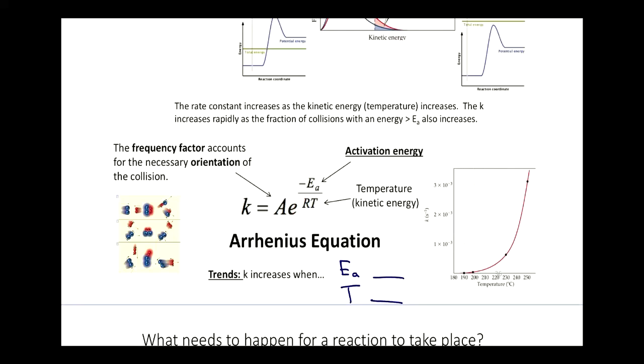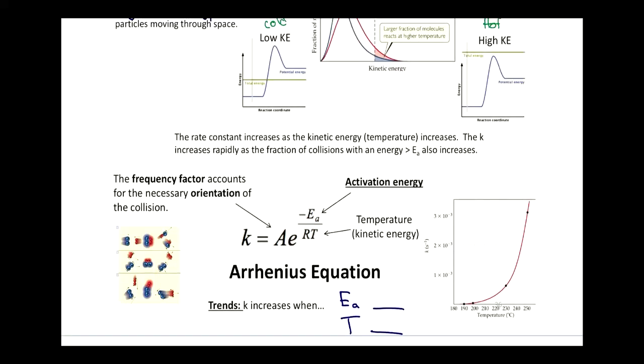But what's more important here is this e term, this exponential term. e to the, and then we have this fraction, the negative activation energy for this reaction. Our activation energy is how high that first hill is. If you go from reactants to products, it's that minimum amount of energy, that hill you have to clear in order to get to the product side.